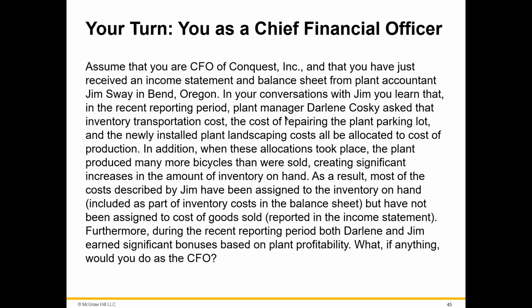So these should be period costs, which would reduce income and thus might well take away that bonus. So we have to work carefully and make sure we're following appropriate rules and allocation between period and product expenses.